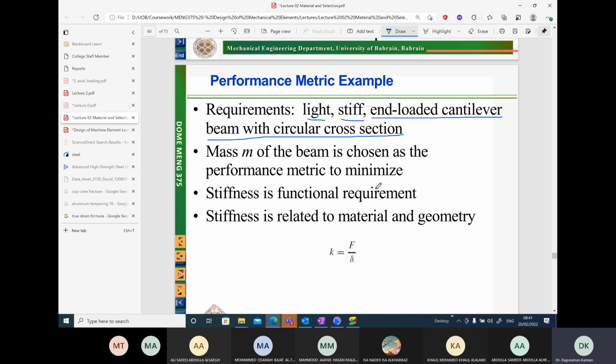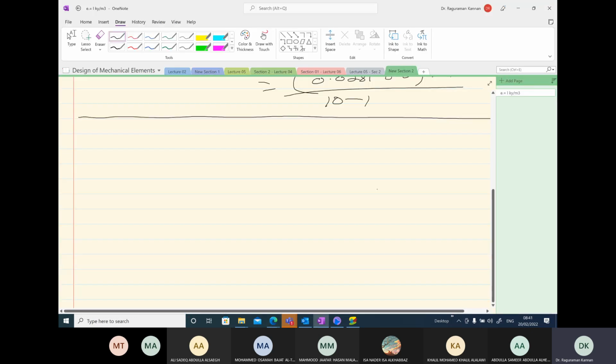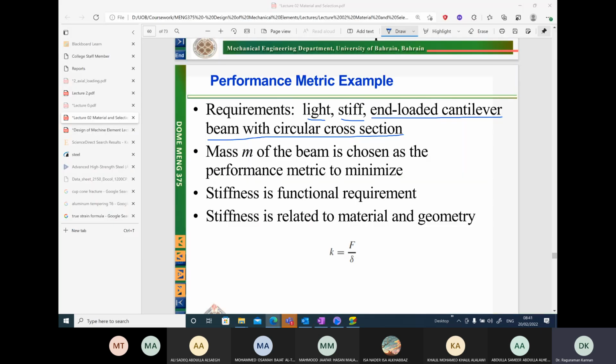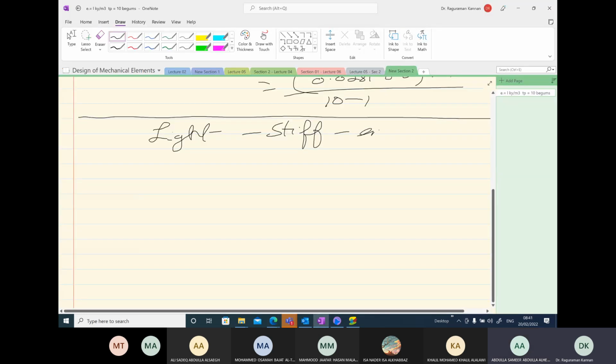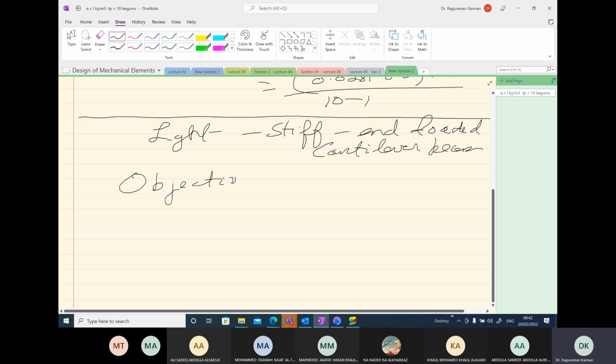Okay. So what is the objective here in this case? Can one of you tell me? Stiff, end-loaded cantilever. Minimum mass. Minimum mass. Okay. End-loaded cantilever beam. So first objective, we have to write clearly what is the objective.